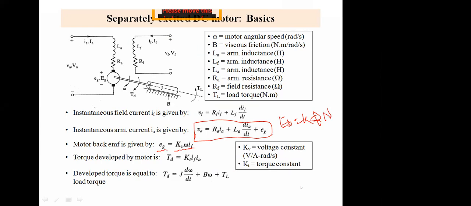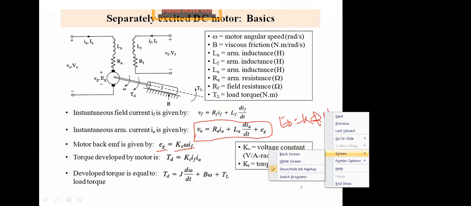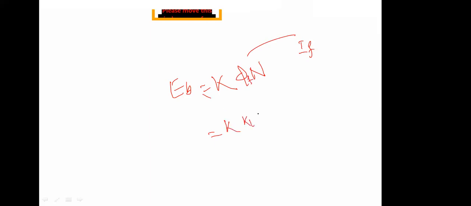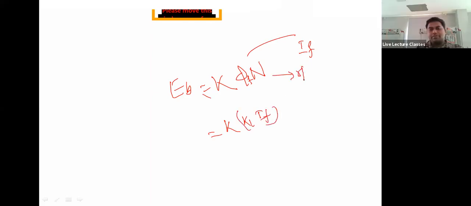Flux. This E back is equal to k phi n, right? So phi is coming out from where? The field current is giving rise to the field flux phi f. So can we put it like this? And n is in RPM here.